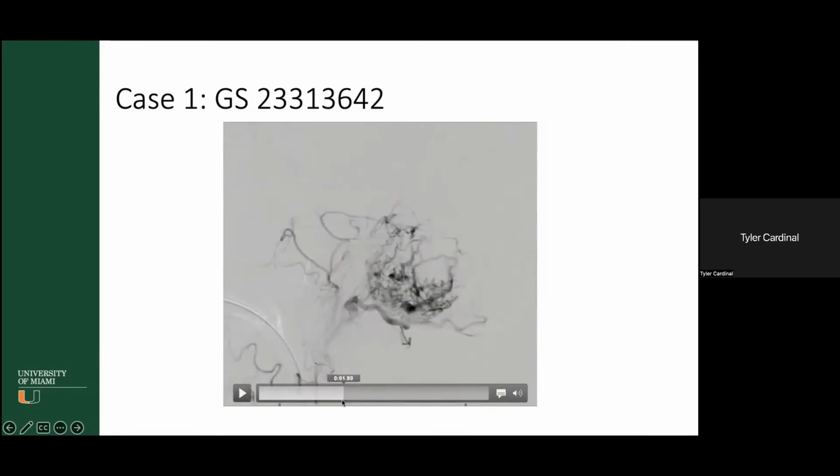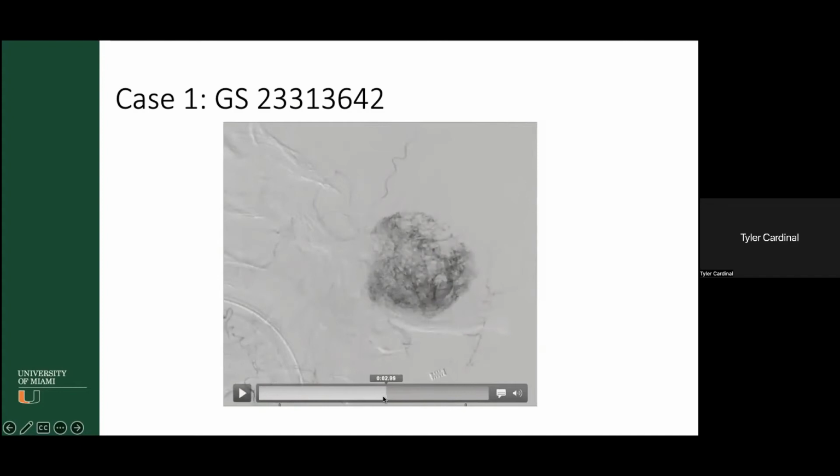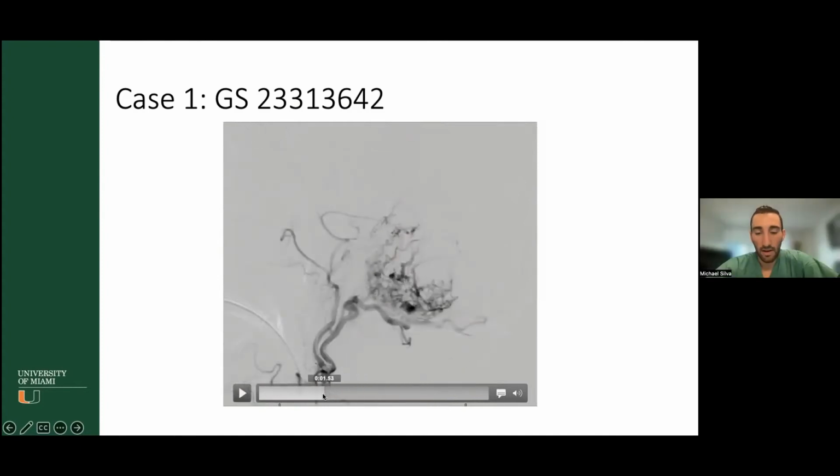There's definitely a couple of feeding branches, one more superior and one more inferior, it looks like. Yeah, I agree. Definitely a big tumor blush. You can clearly see where the tumor is. The occipital artery seems to be where most of the feeders are coming from.